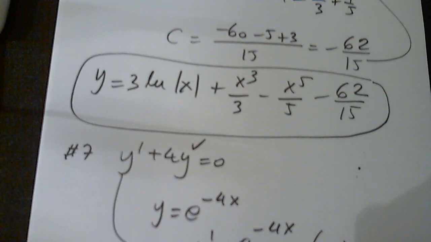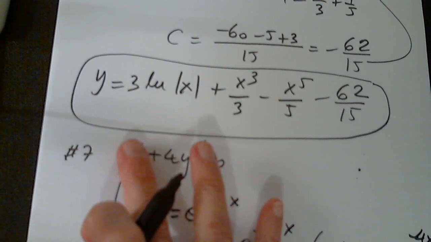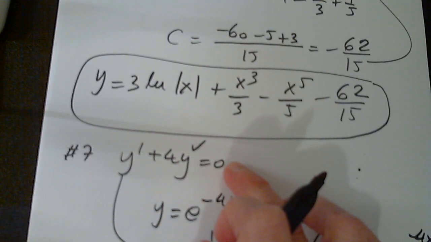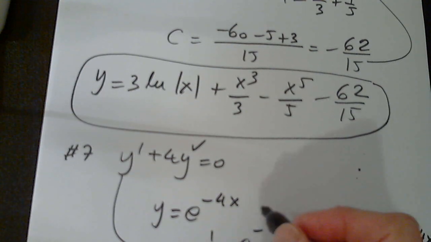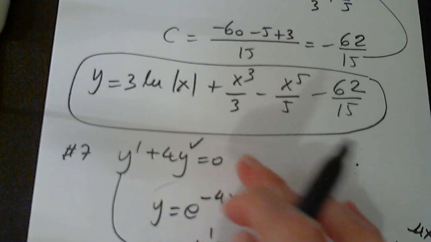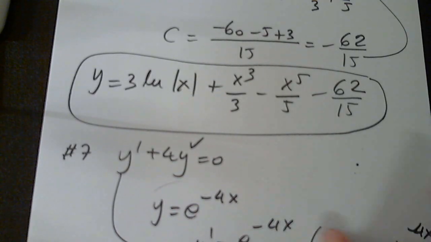So the derivative is -4e to -4x. Now, I replace y prime by what I just determined, and y by the original function. If I get 0, I will say yes, this is a solution. If I don't get 0, I will say no, this is not a solution. Okay, so let's plug it in.